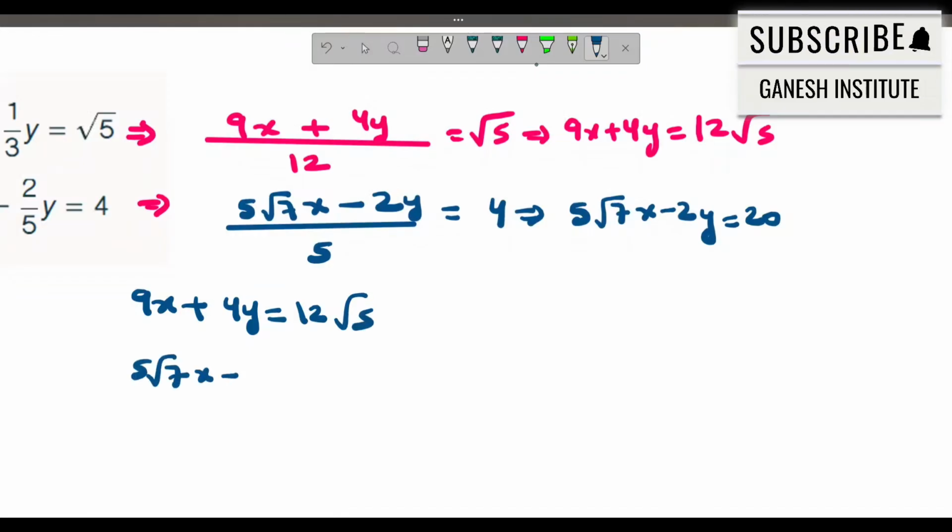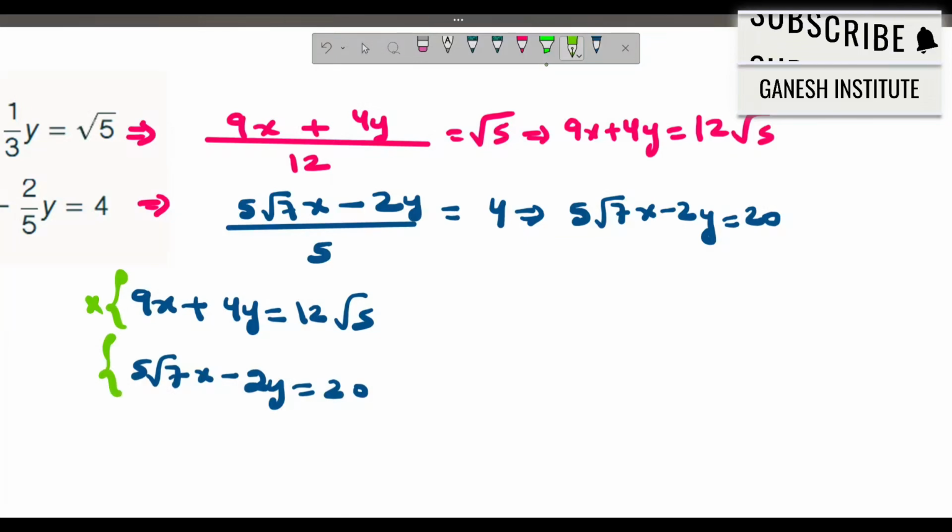Now, in order to eliminate, the easiest thing is to make the y term the same, but we will not use the easy way. Let's make the x part the same.